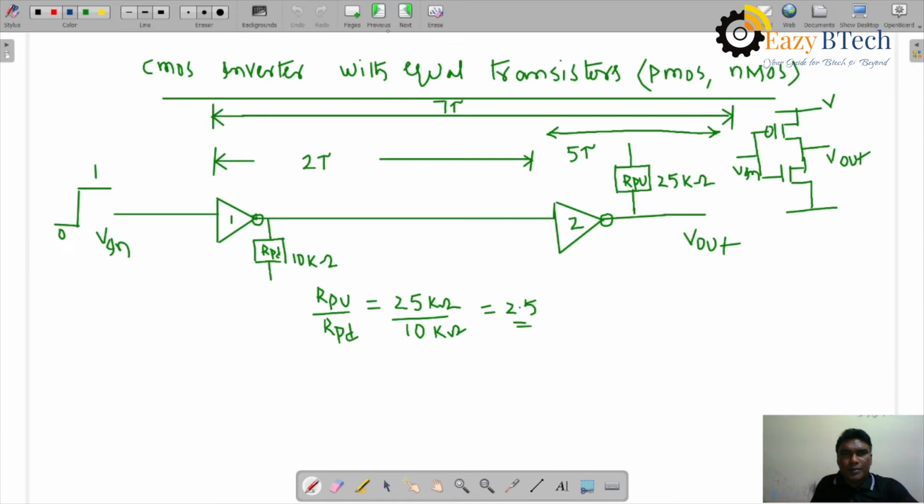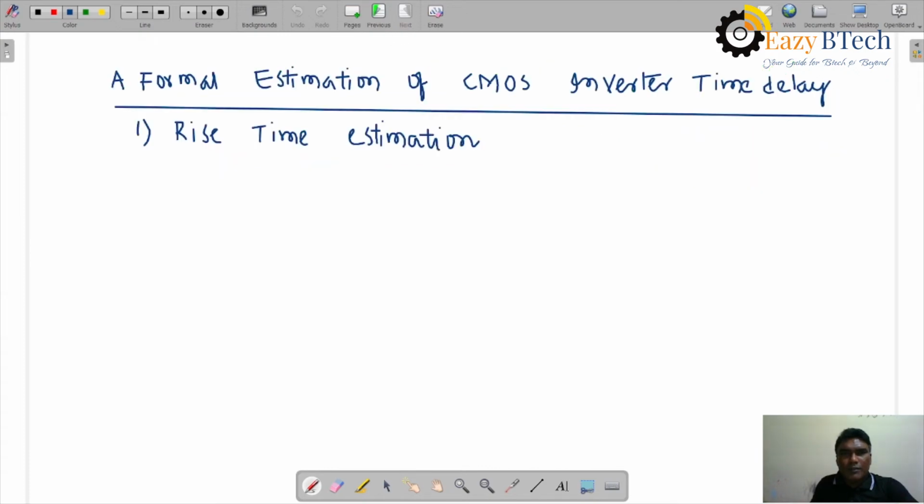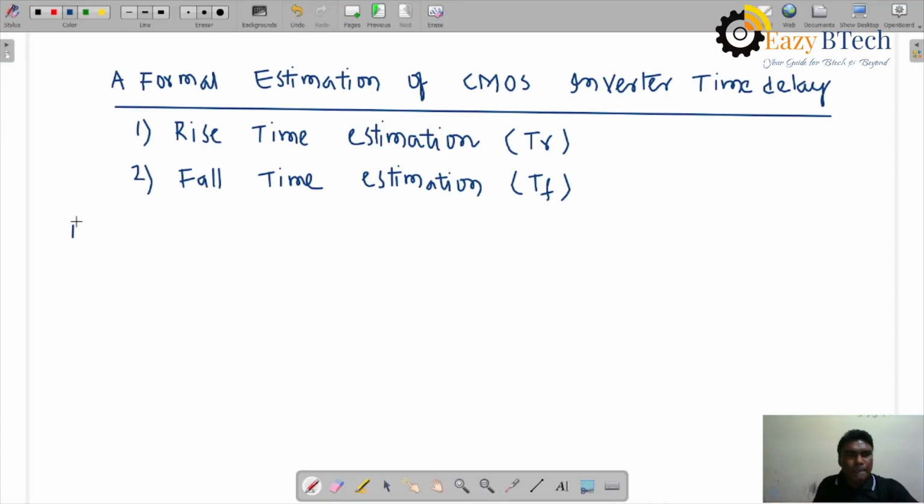Any one inverter can be taken for rise time estimation. Second one, fall time estimation. Let us take one inverter. Rise time means TR, and fall time will be TF. Let us see the first one.